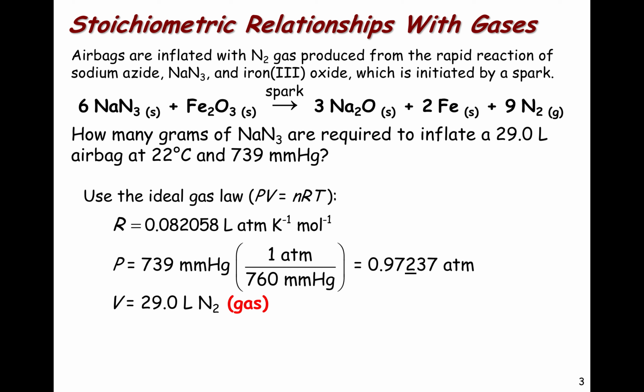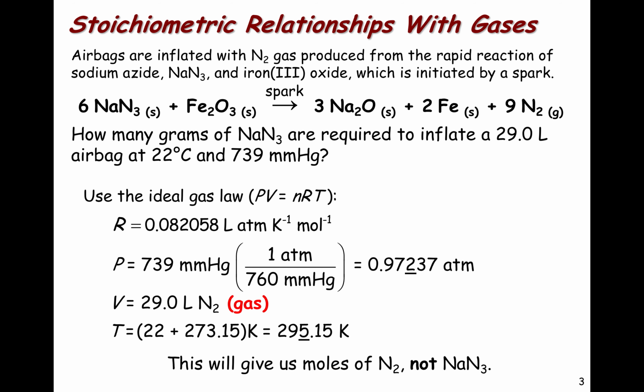And it will be the gas N2. And then finally, we need to convert our temperature into Kelvin by adding 273.15 Kelvin to get the required unit for the calculation. We then can plug all these numbers into the ideal gas law.